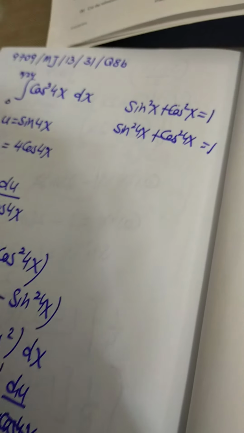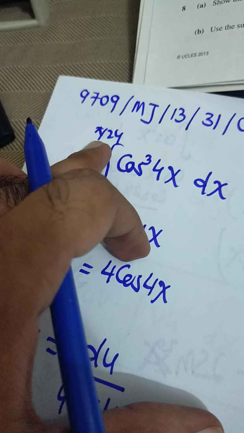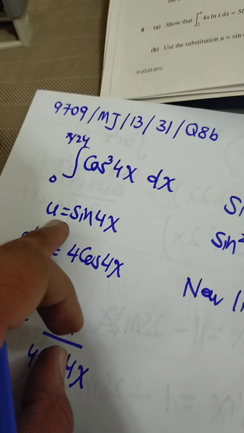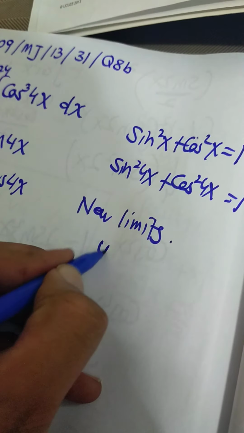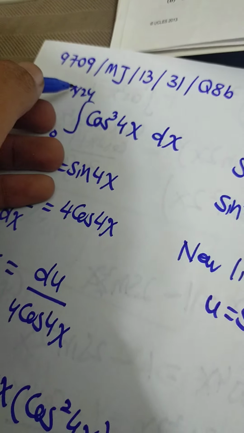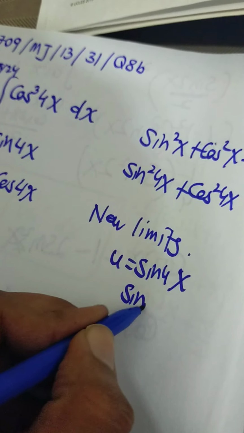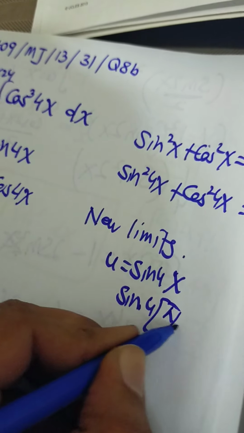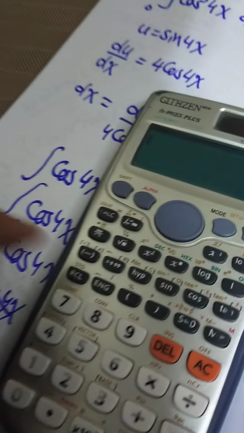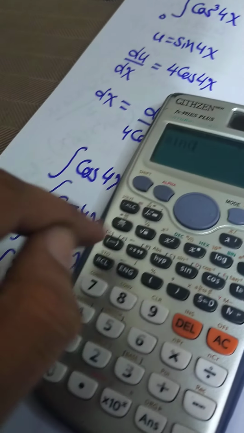Okay, one more step you need to perform is to introduce the new limits. Since originally the question has the limits in terms of x, you need to work out the new limits in terms of u. Since u is equal to sin 4x and the value of x is pi over 24, sin 4 pi over 24 you need to find out, and remember to put the calculator in radian mode.